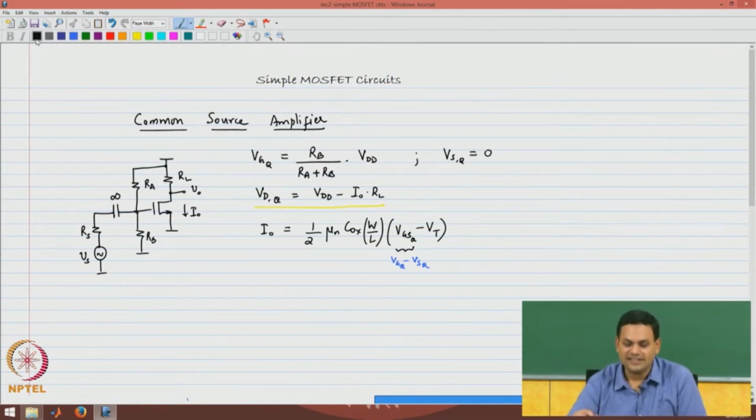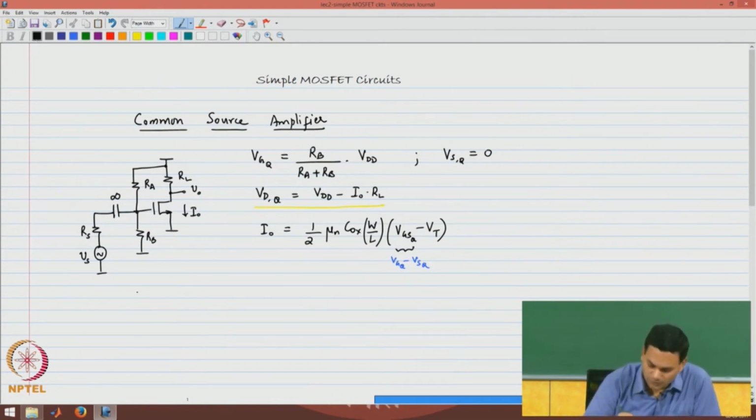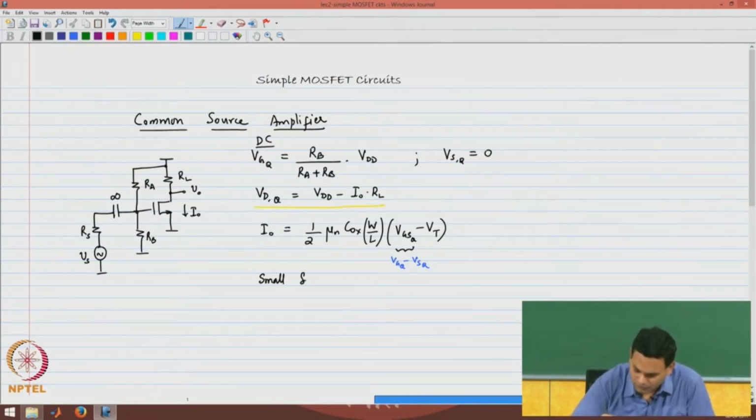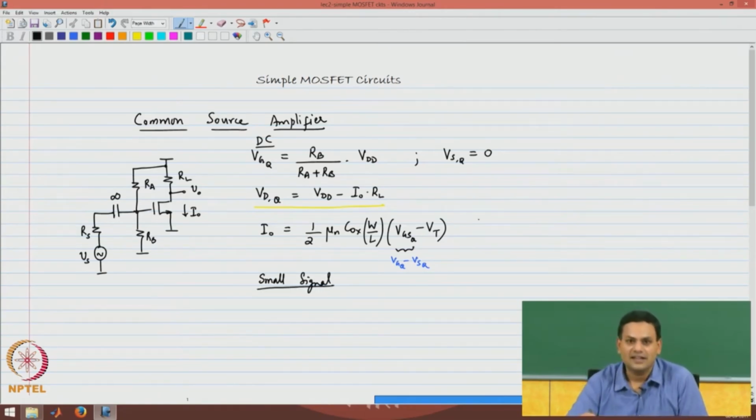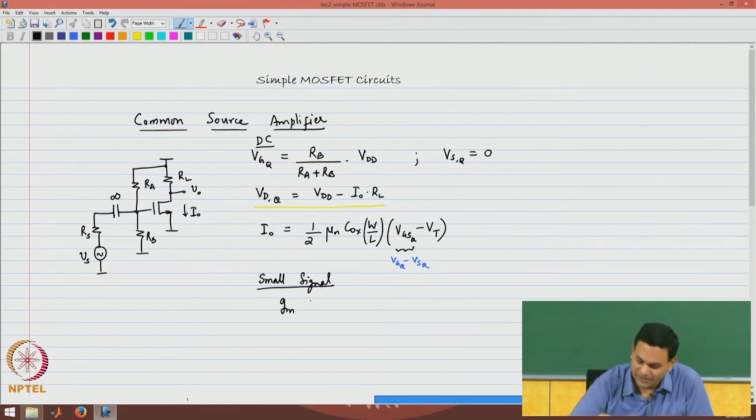So, we are done with the DC. The next step is to calculate the small signal parameters of the circuit. In this case, there are two parameters as we saw last class. The first one is the gm, or the transconductance of the MOSFET.